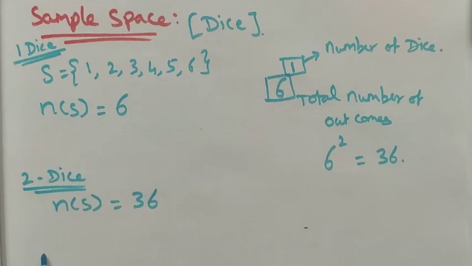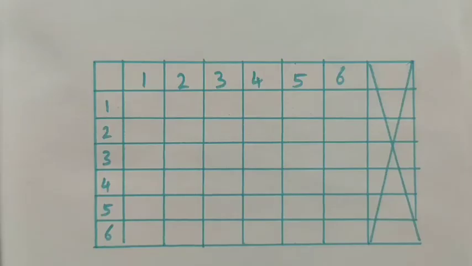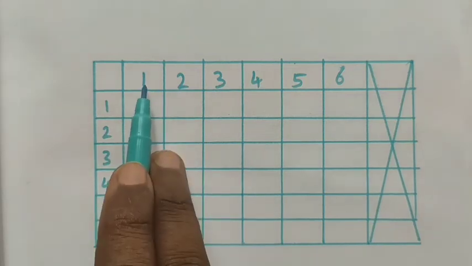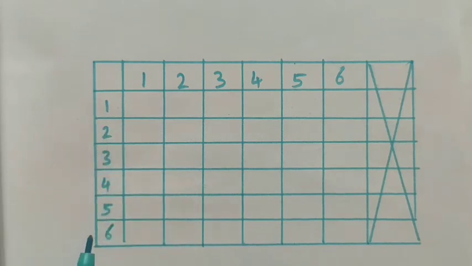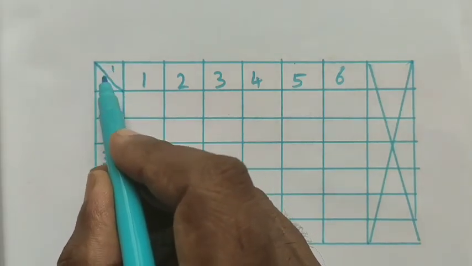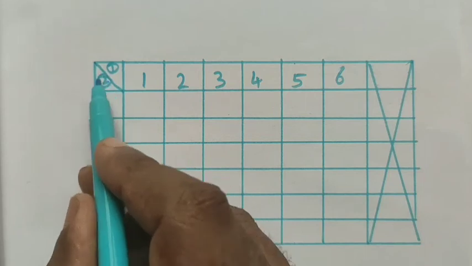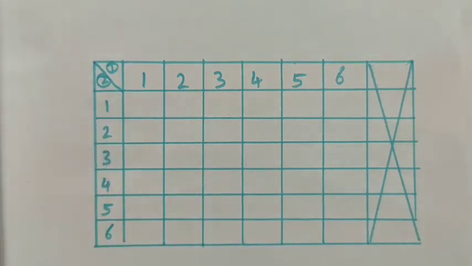Now we want to find out what is the sample space S. Here we use the box method to find out the sample space of 2 dice. In the first die we have the number from 1 to 6, and then dice 2 we take it as, this is the first die, this is the second die, it's also number from 1 to 6.